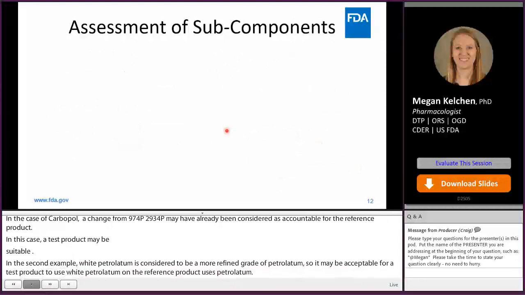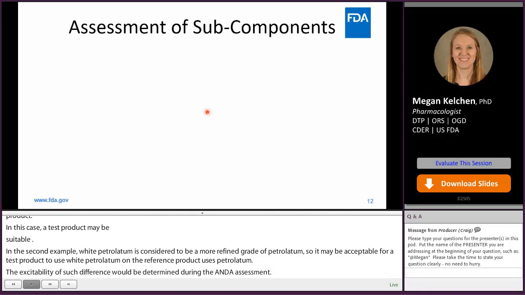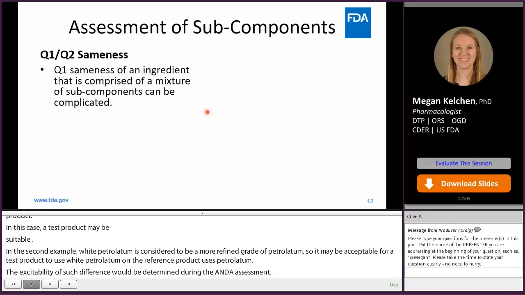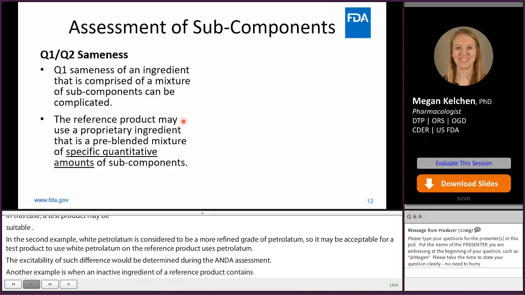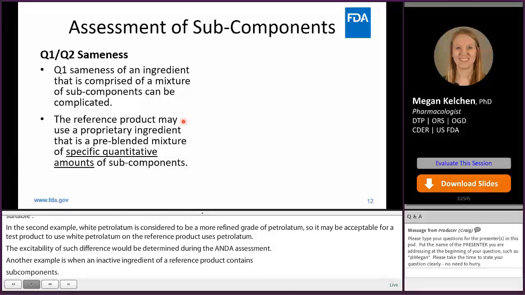Another example is when an inactive ingredient of a reference product contains subcomponents. So Q1 sameness of an ingredient that is comprised of a mixture of subcomponents can be complicated. For example, the reference product may use a proprietary ingredient that's a pre-blended mixture of specific quantitative amounts of subcomponents.